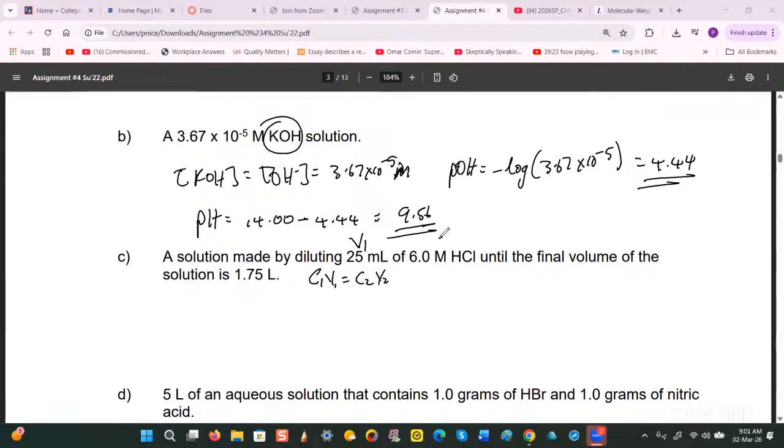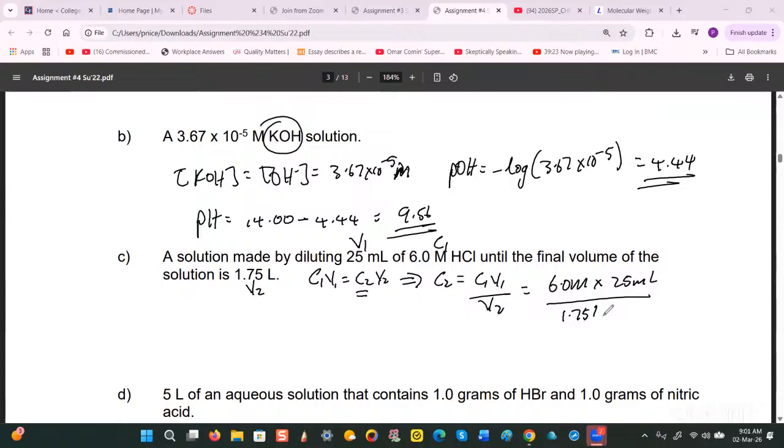They gave you C1, which is 6.0 M, and they gave you V2, right, which is 1.75 liters. So the aim is to find C2. So we can rearrange this equation to get C2 is equal to C1 V1 over V2. So we're going to put the numbers in. 6.0 M would be C1 times V1, which is 25 mL, divided by V2, which is 1.75 liters.